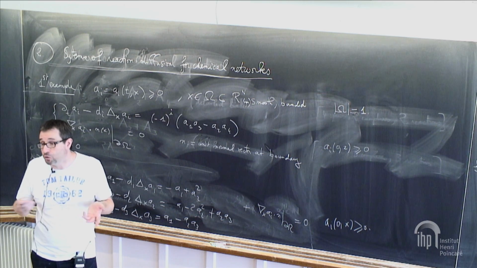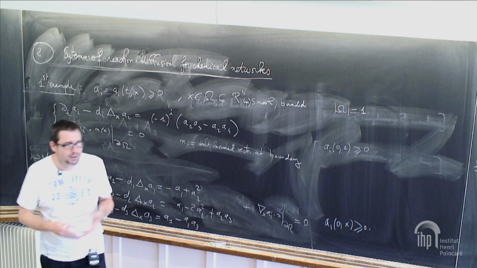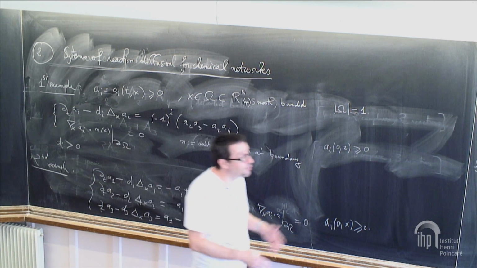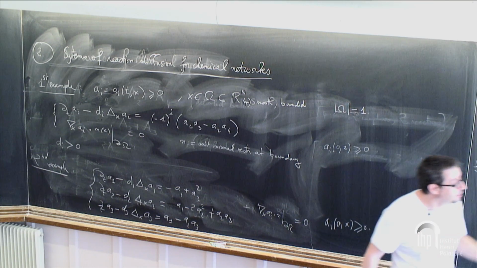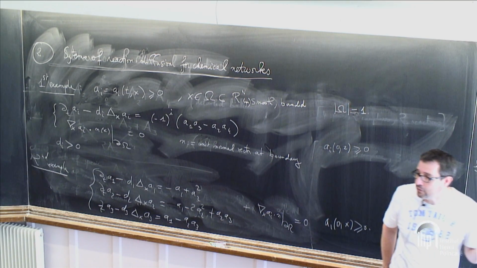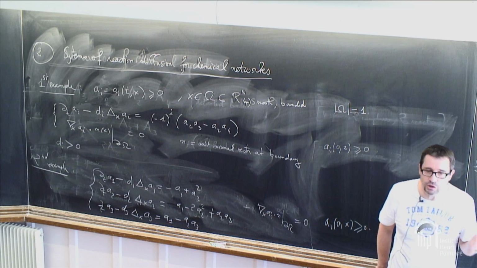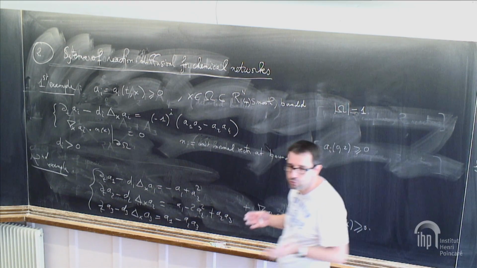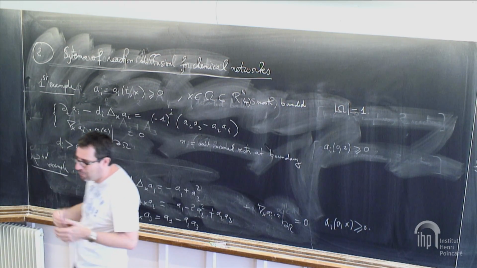And in the case of the Boltzmann equation, we know that it's not possible to get an L2 estimate in all the variables except in perturbative situations, let's say. But in general, it's not possible to get it, or at least it has not been possible up to now to get it.